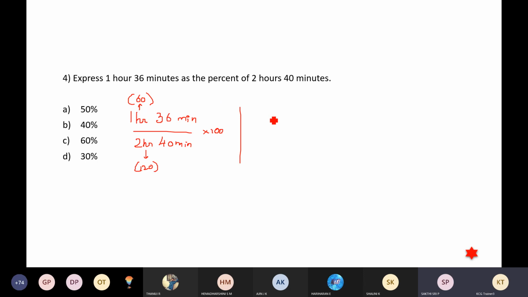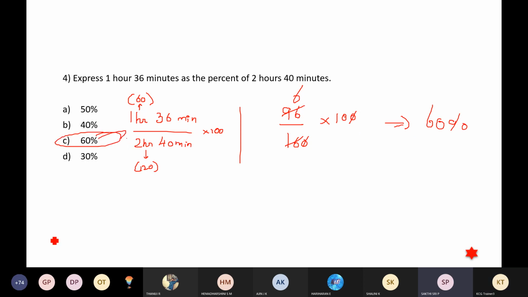So 60 plus 36, I'll have 96, divided by 120 plus 40, I'll have 160, into 100. So 16, 6 and 96. My answer is 60 percentage. Answer is option C. Excellent.